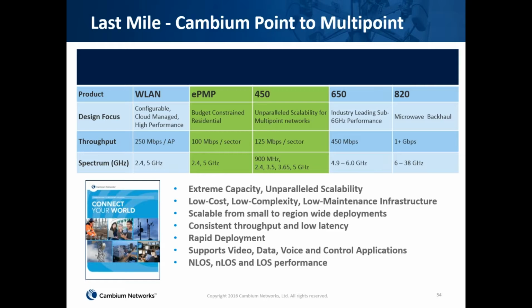We have our ePMP product. It provides a lot of the same features of the PMP 450 at a less expensive price. It's only offered in 2.4 and 5 gigahertz frequencies, whereas the 450 is offered in a number of additional frequencies that you can get. Once again, spectral availability is really key for this.